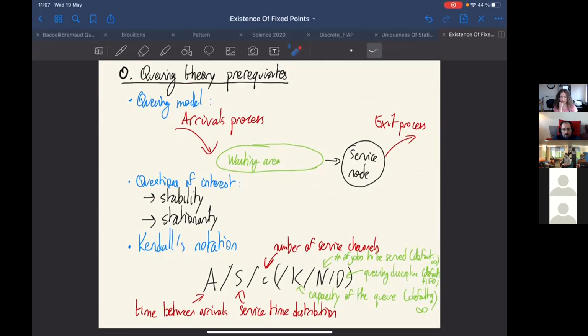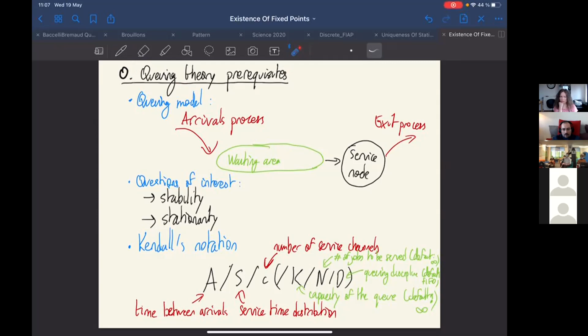The first letter refers to the arrivals process. If you assume, as is usually done, that there's some probabilistic model involved, the first letter will refer to the distribution of the arrivals process, so the inter-arrivals process.